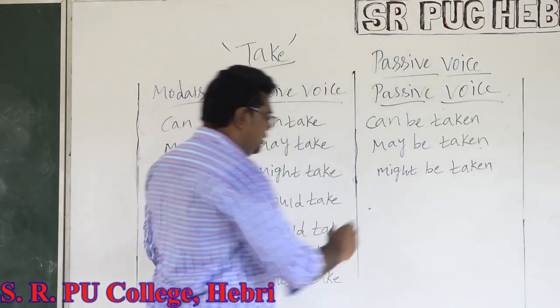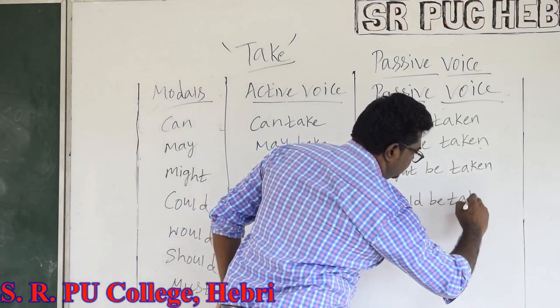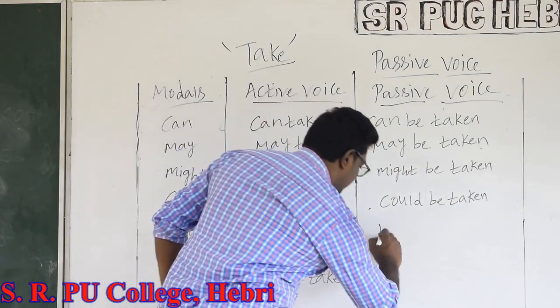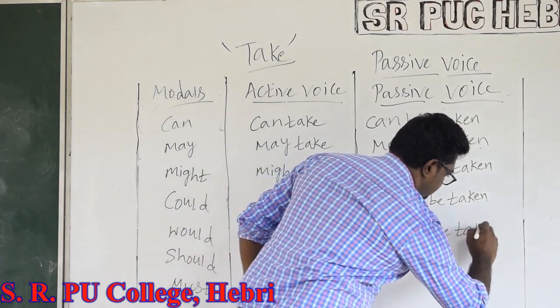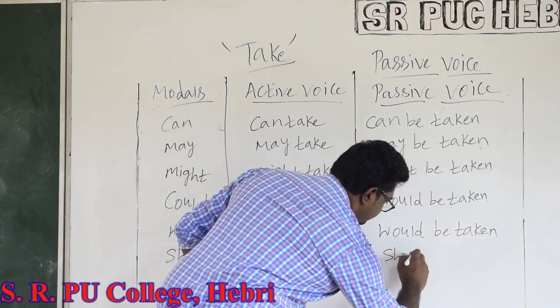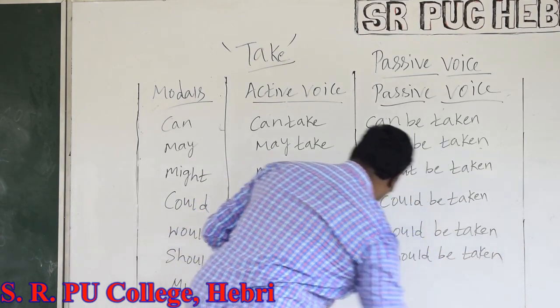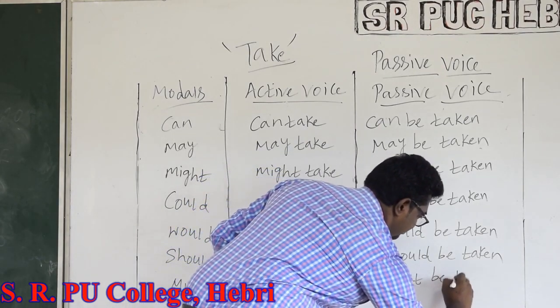Could take will become could be taken. Would take will become would be taken. Should take will become should be taken. And must take will become must be taken.